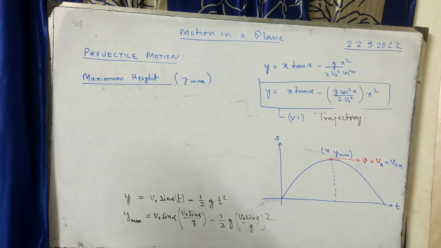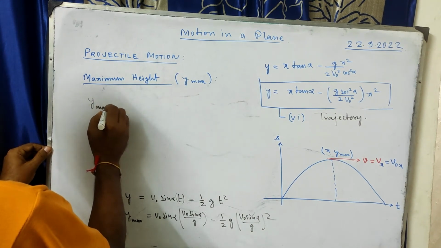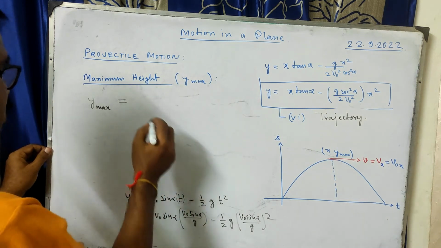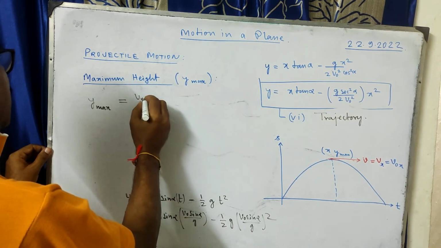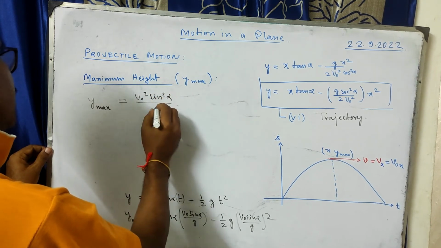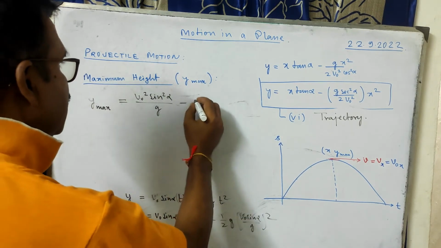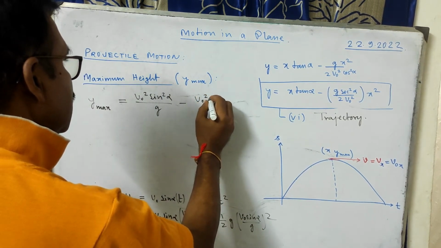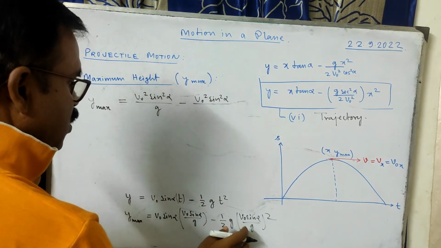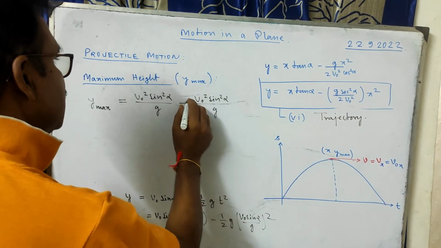Now simplify this. Y max is equal to V0 square sine square alpha by g, minus V0 square sine square alpha by g square, and g will get cancelled, so 2g, right? So this is half of g.